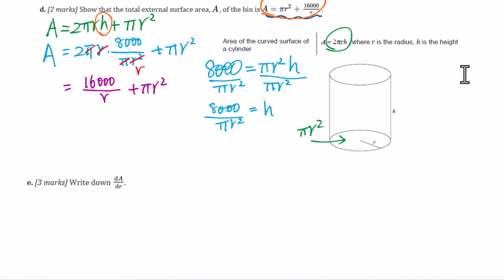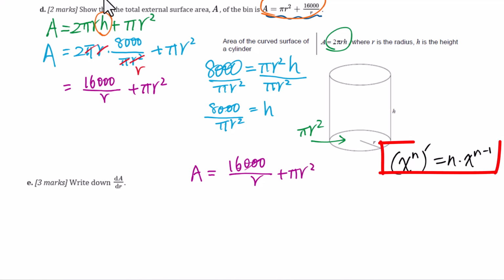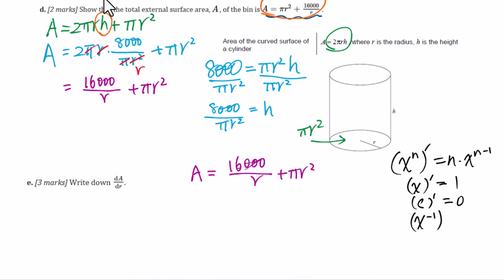Let's go to E. Write down dA dr. We know A equals 16,000 over r plus pi r squared. Here is the formula for derivative. We know x prime equals 1, c prime equals 0, x to the negative first power prime. Try to remember.